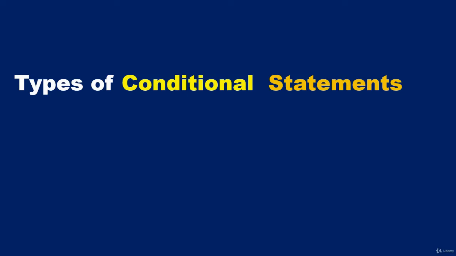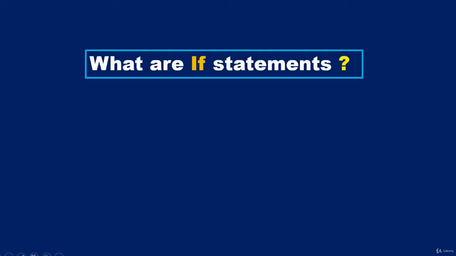There are three main types of conditional statements. There's the if statements, the elif statements, and the else statements. What are if statements? If statements are used to check conditions before executing a certain block of code.